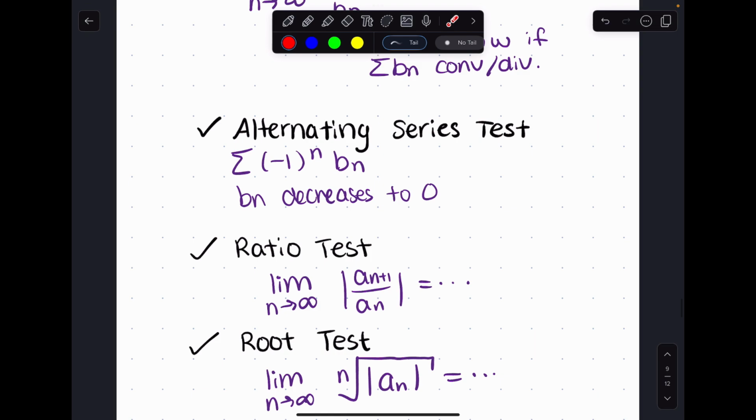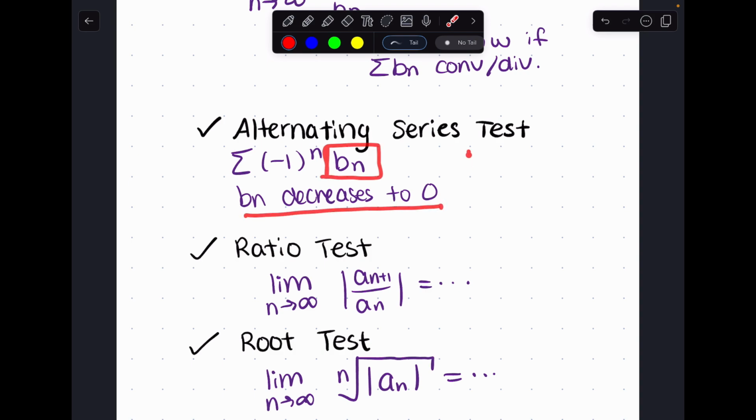We have the alternating series test, which, if we have an alternating series, which specifically can be written as -1 to the n, this could also be n plus 1, it doesn't matter for the test. We have an alternating series where these b sub n's, when we ignore the sign, decrease to 0.